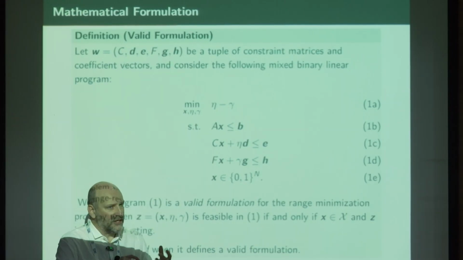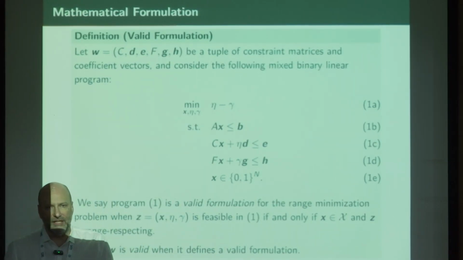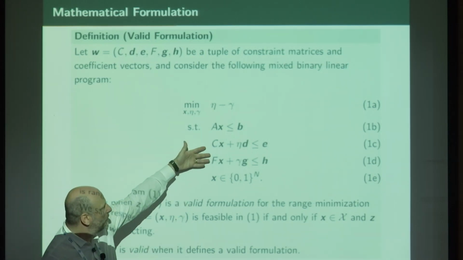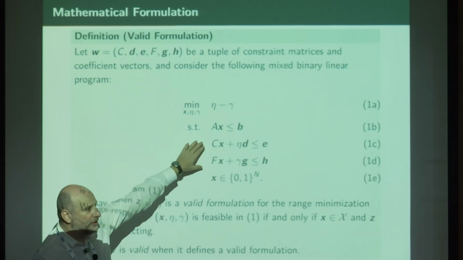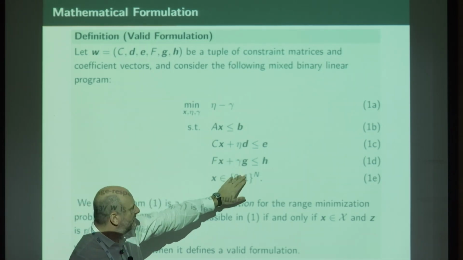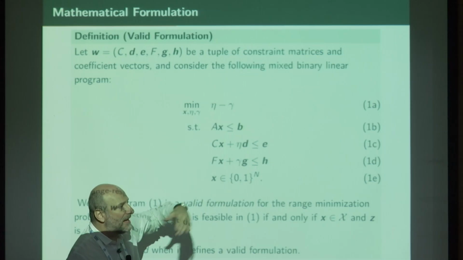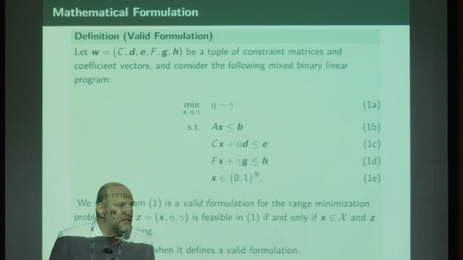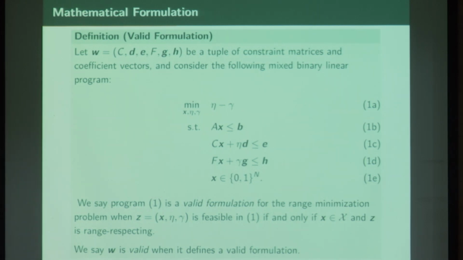But if I want to transform that particular formulation into something that takes into account the range minimization, I will likely need a set of constraints that take into account the eta on the one side, the gamma on the other side, modeling these two variables in such a way that it's easy to write them in the objective function in that form.